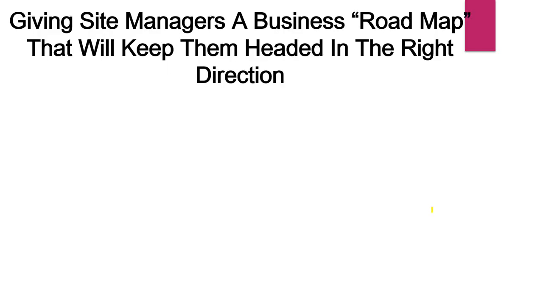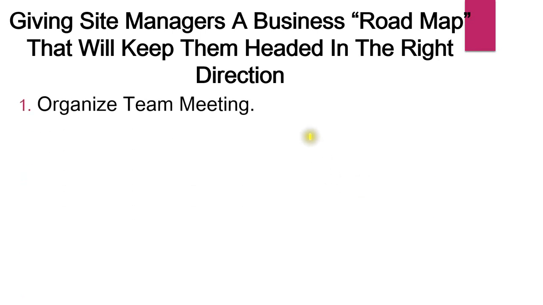So let's see, giving site managers a business roadmap that will keep them headed in the right direction. What are the steps? Organize a team meeting. You should first organize a team meeting, because you have certain objectives, certain output that should come from that particular site. So you will follow up with the site managers about that business.